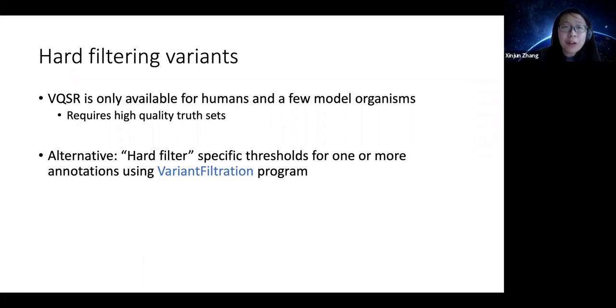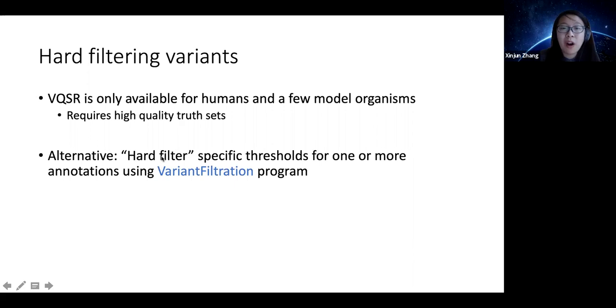We call this hard filtering. The reason we call this a hard filter is because we simply set a flat threshold for every filter option that we can possibly think of. Later on, I'm going to talk about what types of filters we can use.